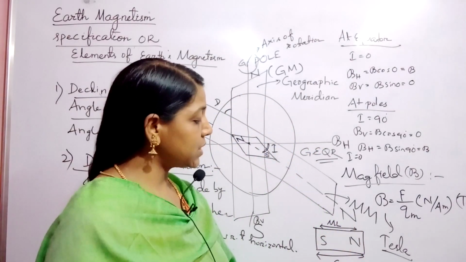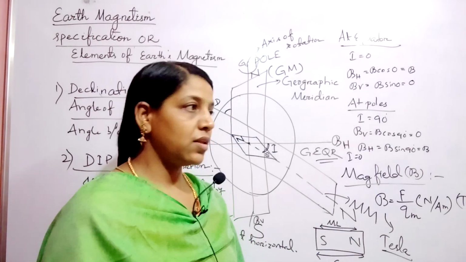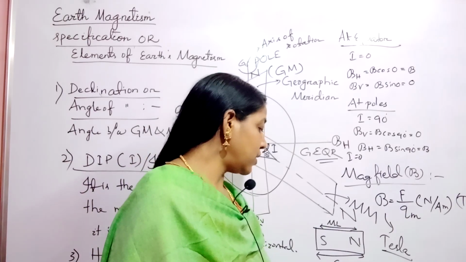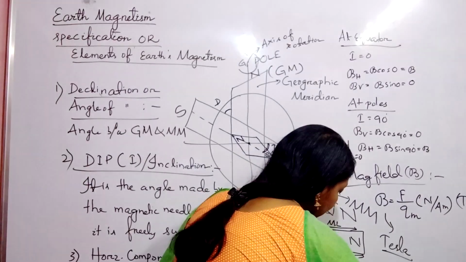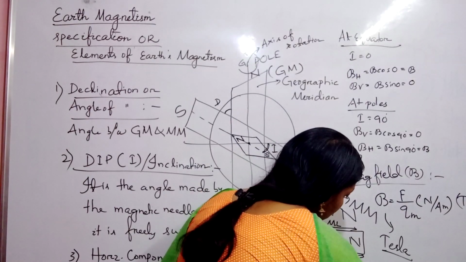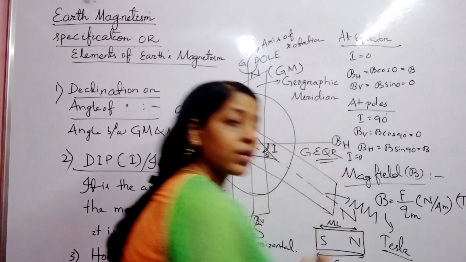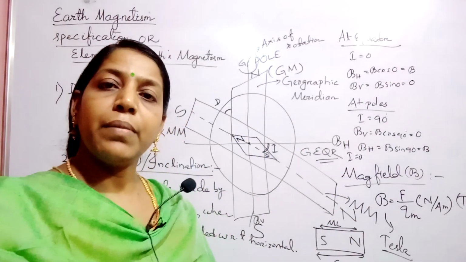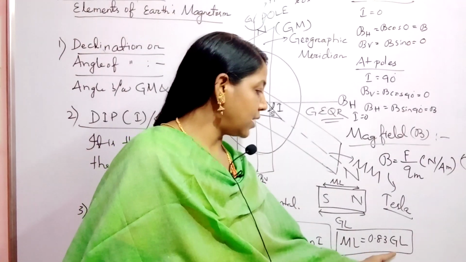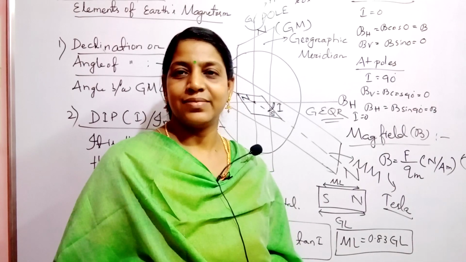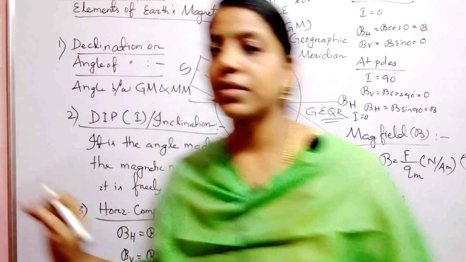From the diagram itself, it's very clear that your magnetic length is always less than the geometric length. My magnetic length is always 0.83 times the geometric length. Okay, clear about this concept? Take the snapshot.